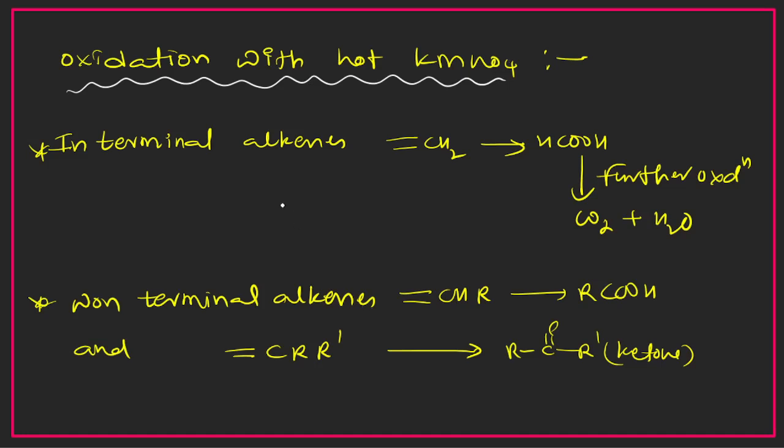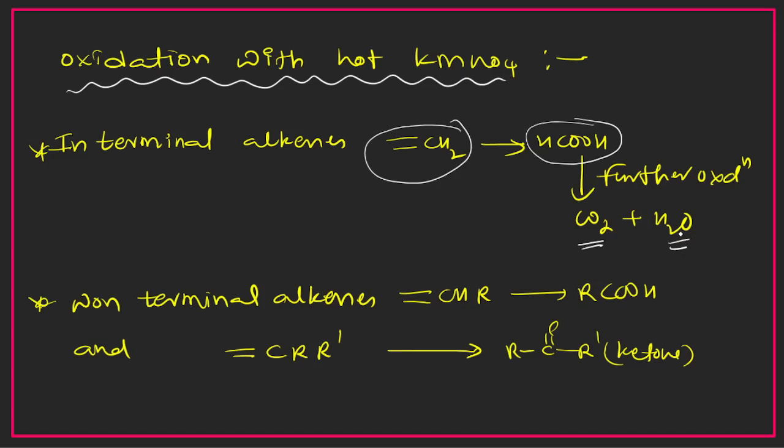Terminal alkenes: the terminal alkene part is oxidized to formic acid. Formic acid undergoes further oxidation to give carbon dioxide and water.